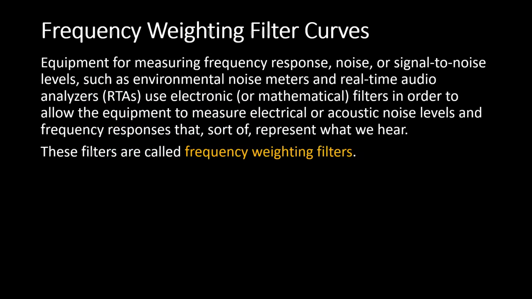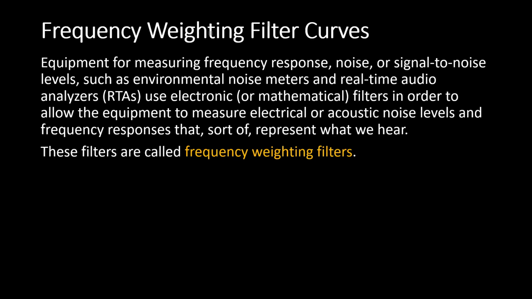Now, the equipment for measuring frequency response or noise or signal to noise levels in an environmental situation are either environmental noise meters or real-time audio analyzers, also called RTAs, and they use electronic or mathematical filters in order to allow the equipment to measure electrical or acoustic noise levels.